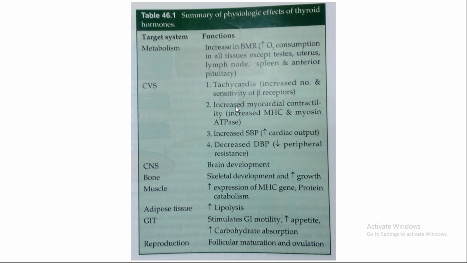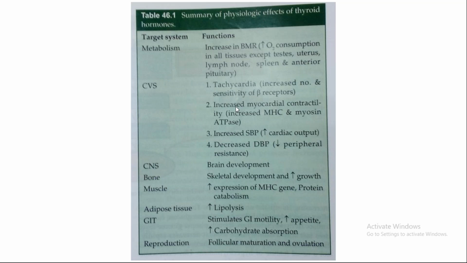Ultimately, more and more oxygen binds with the hemoglobin, and that fulfills the supply of oxygen to the tissues. It stimulates erythropoiesis by increasing the synthesis of erythropoietin. So erythropoietin stimulates erythropoiesis, and that leads to the supply of oxygen to the different tissues.